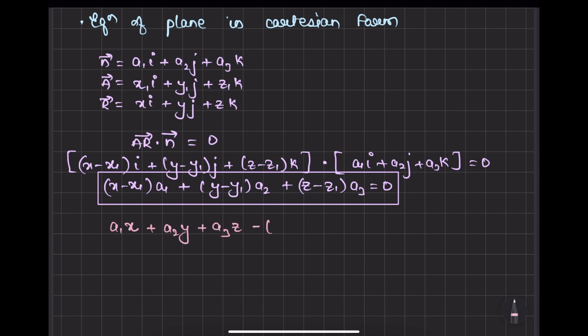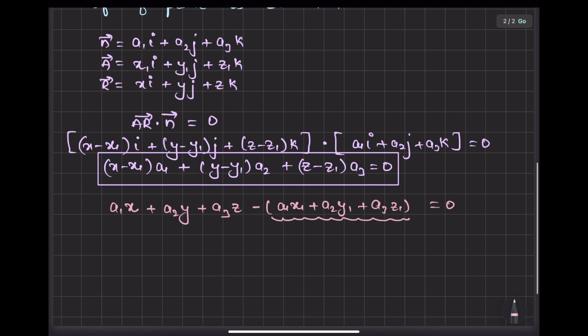Now we will be writing what? a1 x1. A1 x1 will be a number because x1 was a fixed point, and a1 was the coefficient of i in the normal vector, so it will be a number. So it is a1 x1, a2 y1 and a3 z1. If you observe, this thing will give you a number.